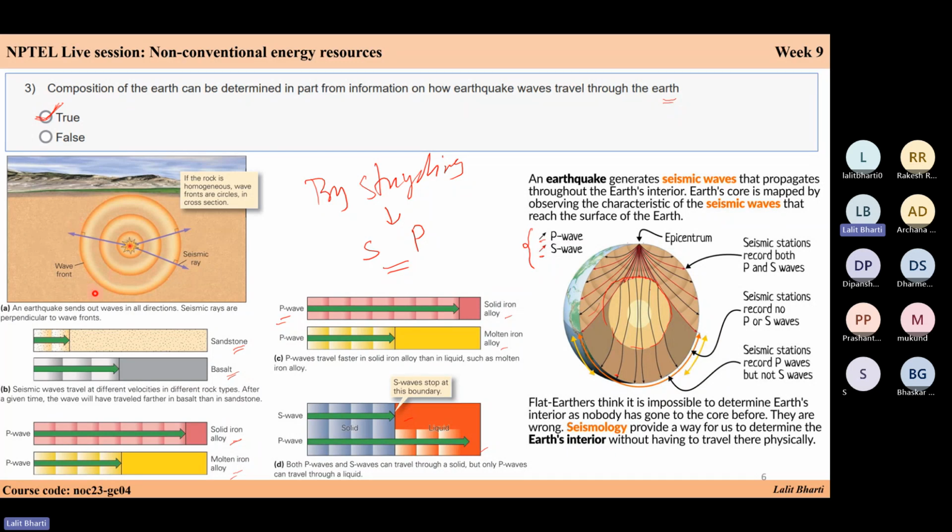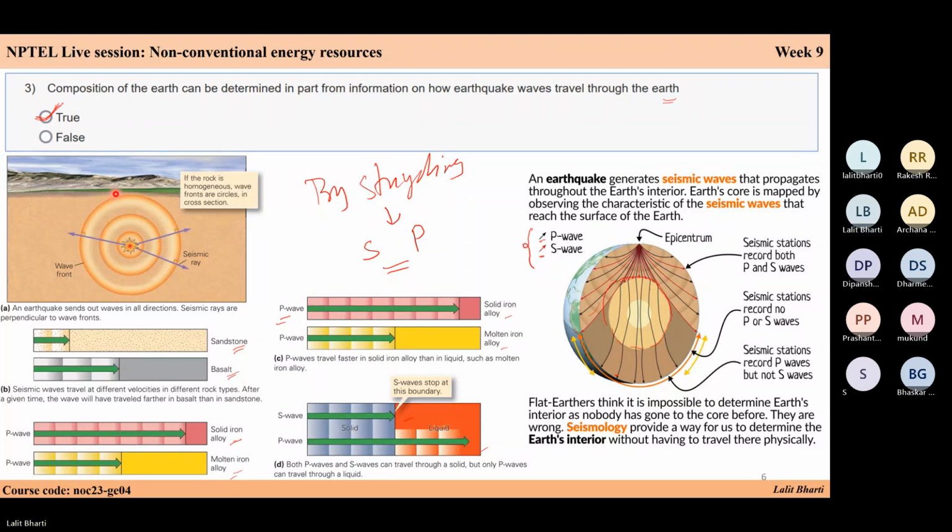So what geophysicists do is observe these wave fronts. By analyzing the intensity, the wave fronts, and the differences in the different wave fronts, the velocities and various parameters, they get information about the composition of Earth.